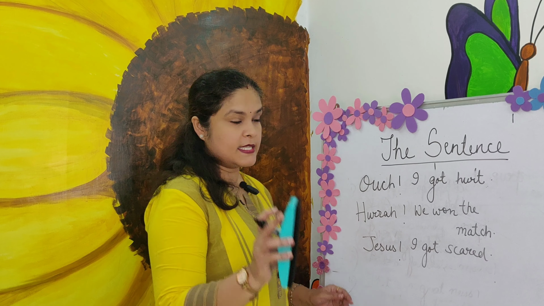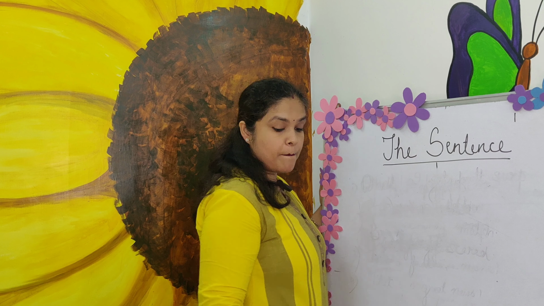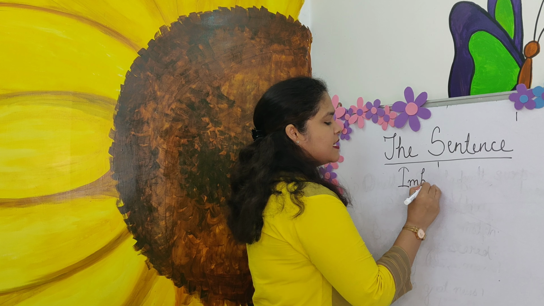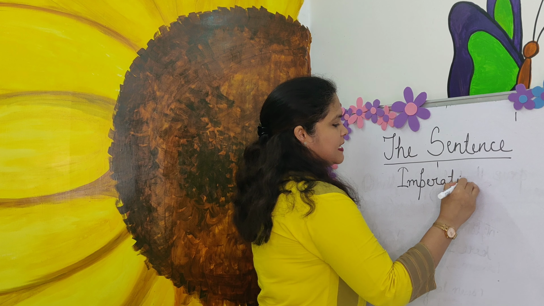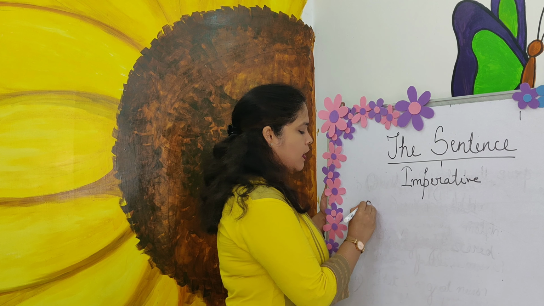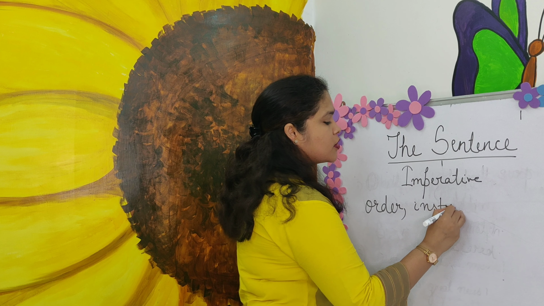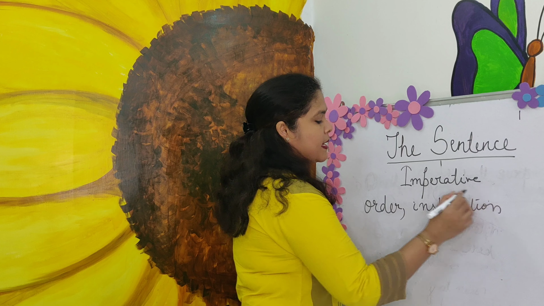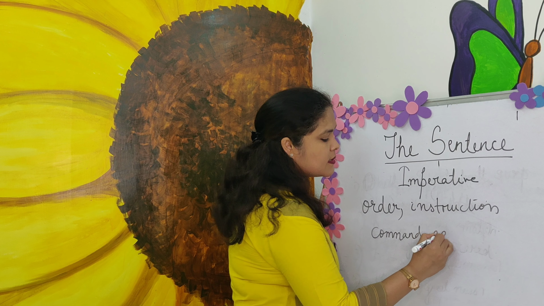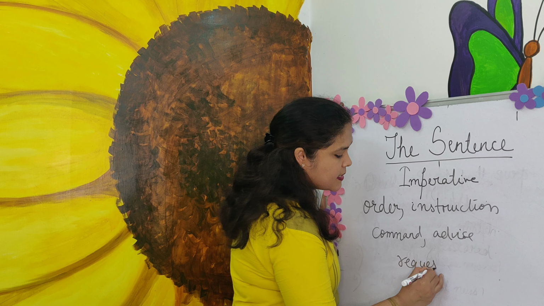Okay, so now we will move to the second type of sentence, which is imperative sentences. So imperative sentence is the next discussion we will have. Imperative sentences are those sentences which convey an order, maybe an instruction, maybe a command, an advice, or a request.